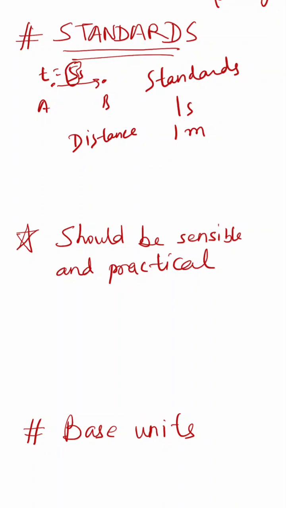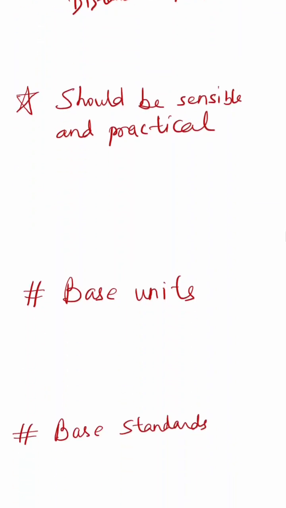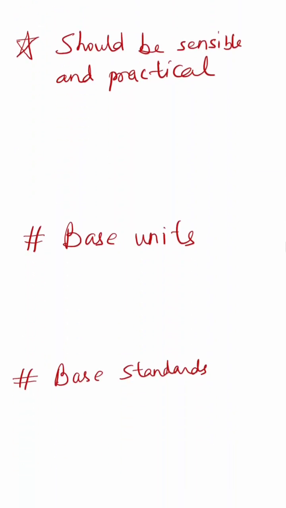Whatever we choose to declare as the standard of a certain physical quantity, it must make sense and it must be practical also. So now, as we move along in our study of physics, we will see that there are several physical quantities in physics.